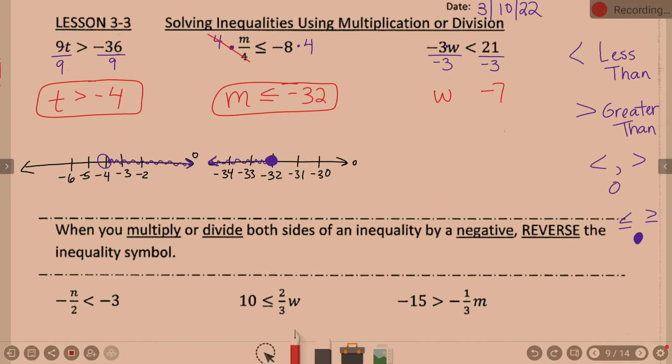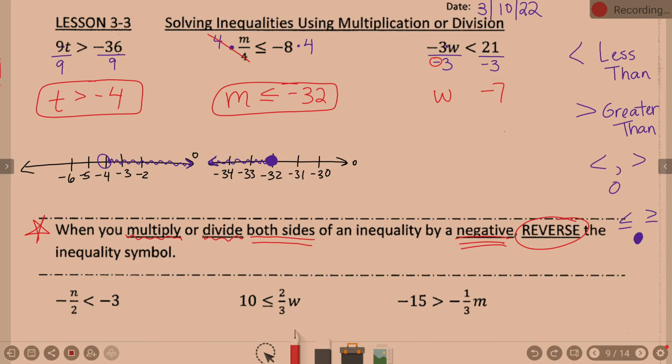Okay, guys. Side note here. Big statement in the middle of the page. When you multiply or divide both sides of an inequality by a negative, you have to reverse the inequality symbol. So what did we divide by?